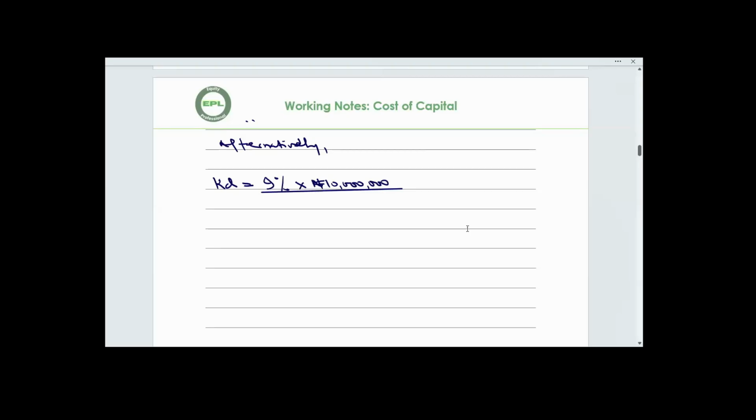Remember, let me do it this way. The market value of debt is computed as, I'm going to explain this when we get to weighted average cost of capital.